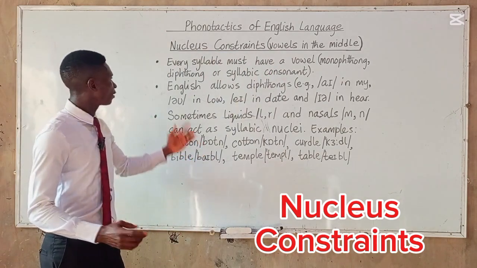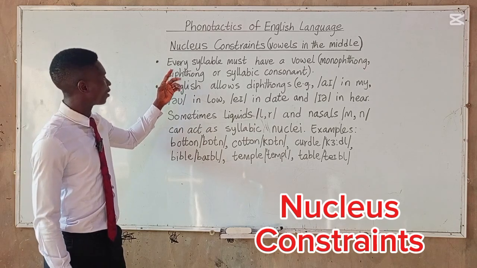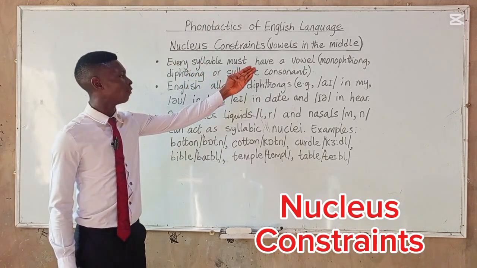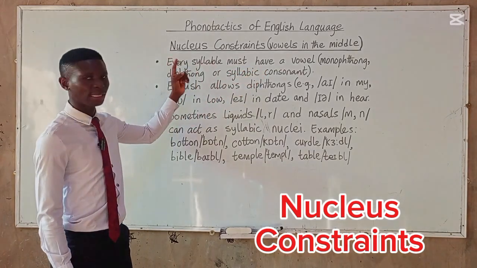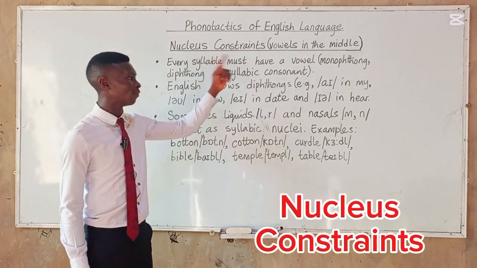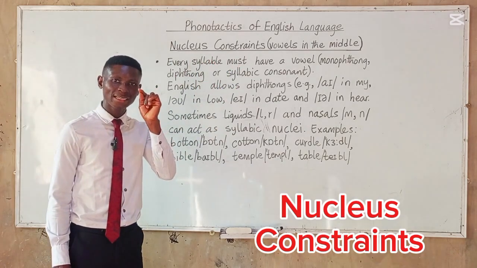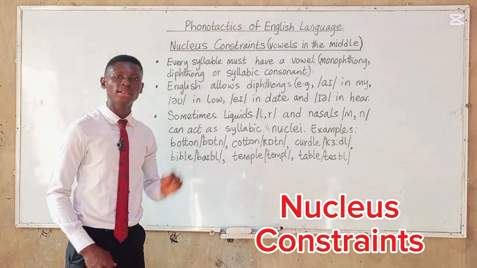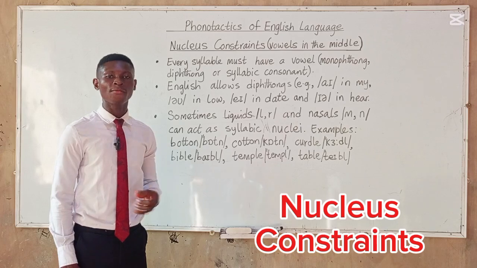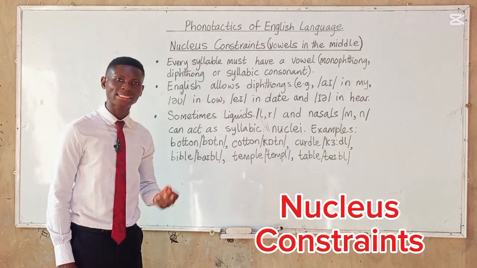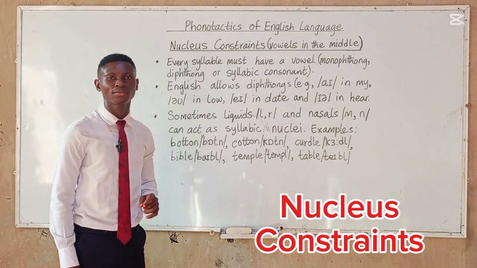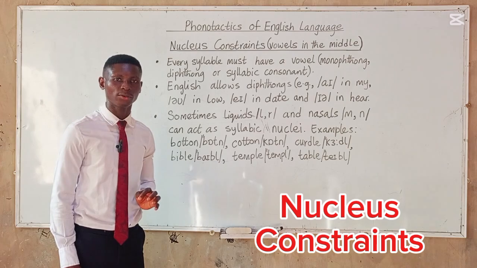So the very first rule we have here is that every syllable must have a vowel. So it is compulsory that in a syllable there must be a vowel sound. In fact, the vowel sound is the compulsory item in any syllable at all.